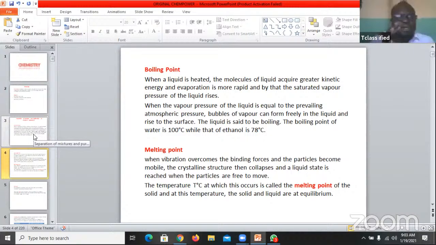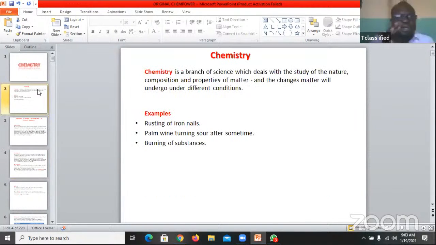If it melts at the right melting point, it is pure. For colored substances, it has to show on the chromatography at the right spot, one spot, and that shows it is also very pure. So very importantly, I need you to understand what chemistry is, where we can see chemistry around us, and the test for purity.